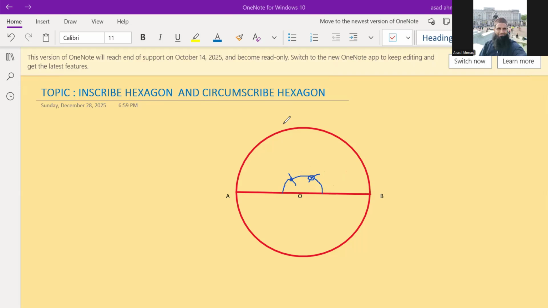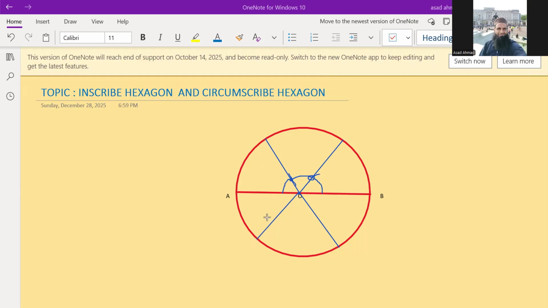And next you have to simply make one 60 degree angle till the circumference, the boundary of the circle, like this one. Right. And the same you have to proceed in a backward direction as well. Both the 60 degree angles are drawn, then you proceed in the backward and forward directions.